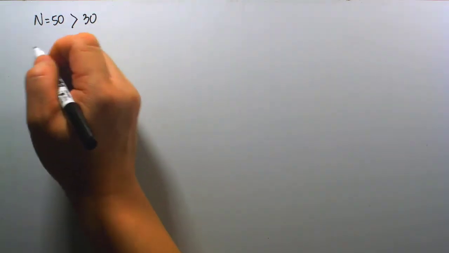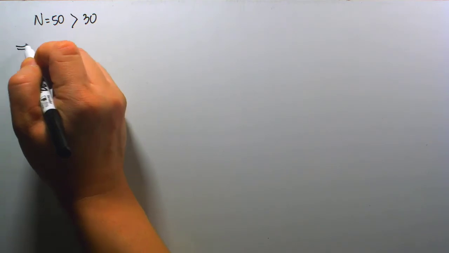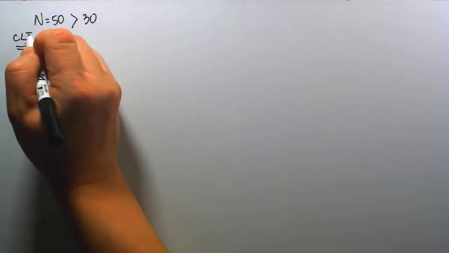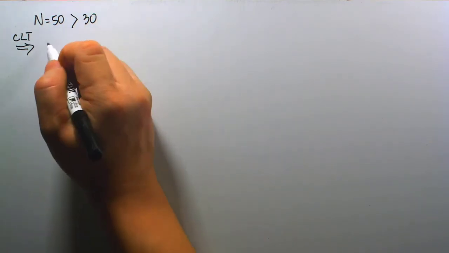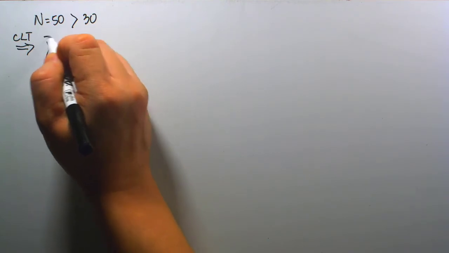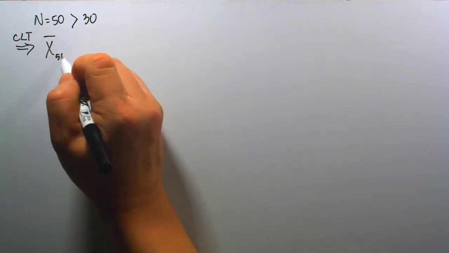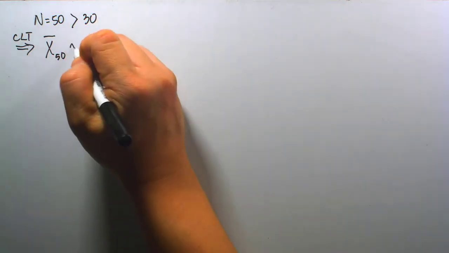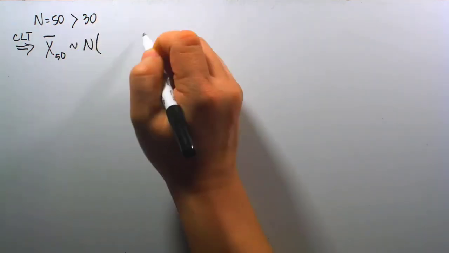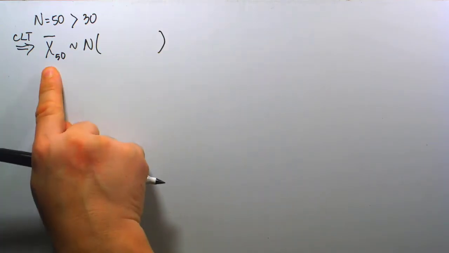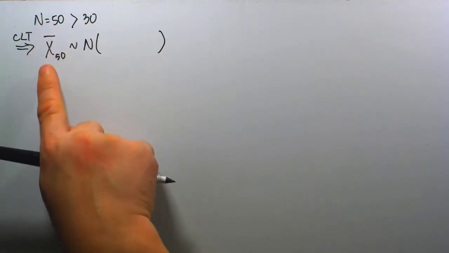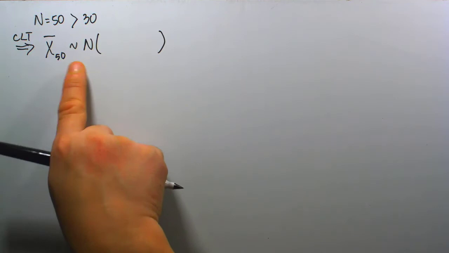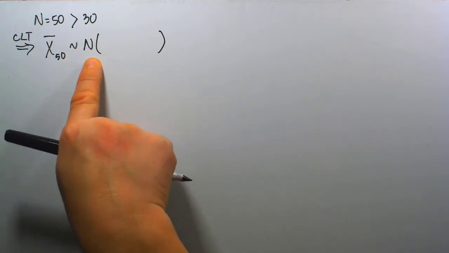Then, central limit theorem further guarantees for us that the sampling distribution, capital X bar 50, that we defined previously, is now normally distributed, or in other words, all sample mean values represented by this random variable capital X bar 50 are on a bell curve.